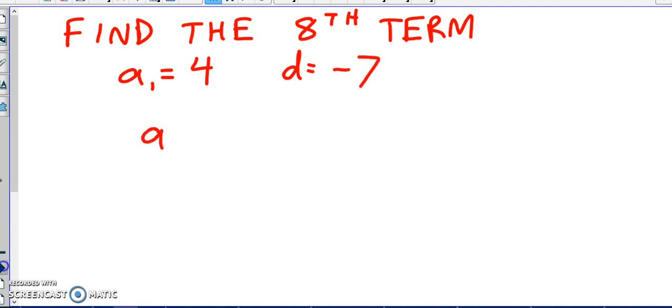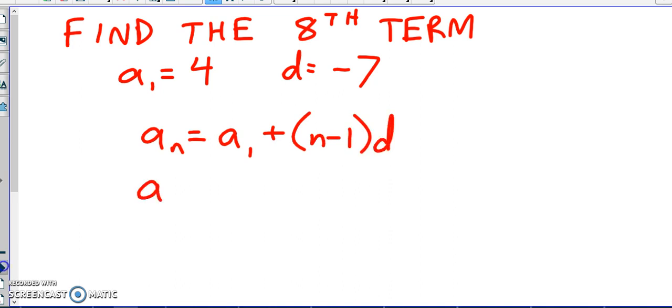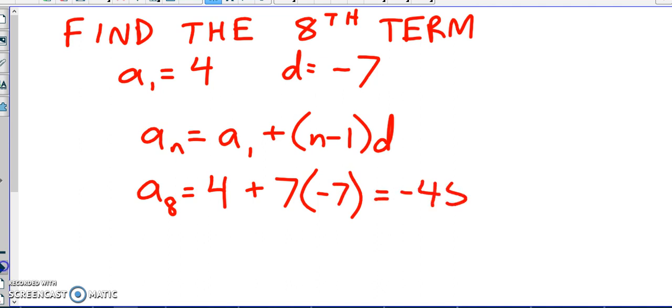Well, I know that an is equal to a1 plus n minus 1 times d. Well, in this case, n is 8. So a8 is equal to 4 plus 7, because 8 minus 1 would be 7, times -7, which would be -45.